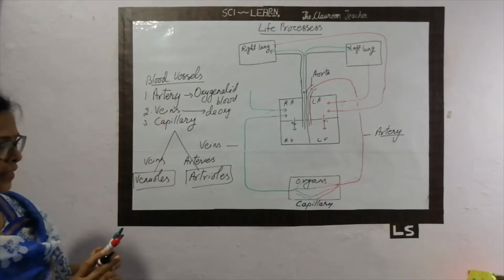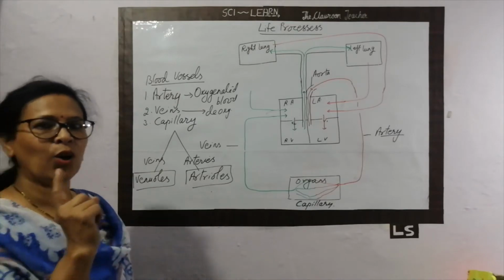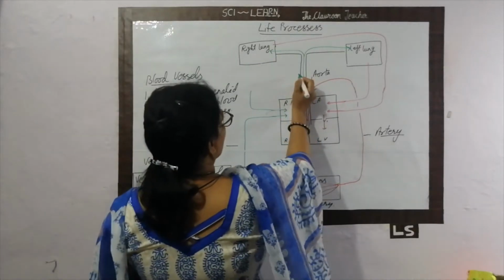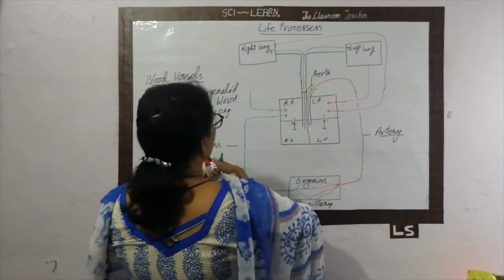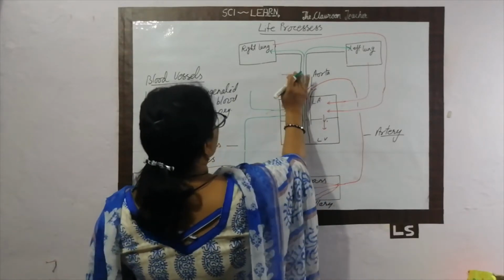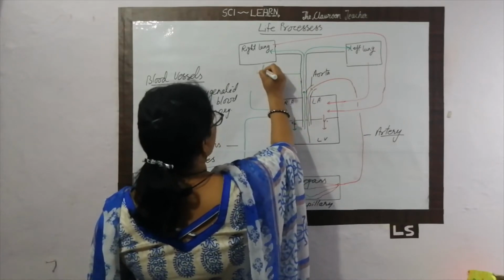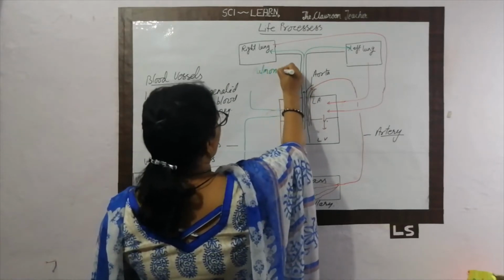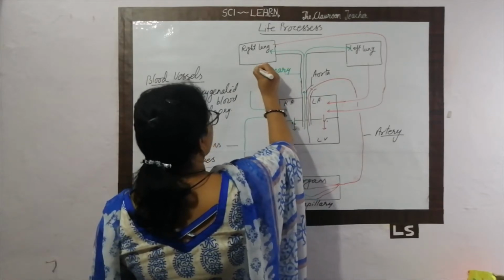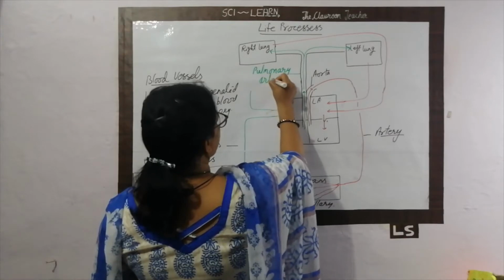Arteries carry oxygenated blood, but one artery here always carries deoxygenated blood. This is called the pulmonary artery.